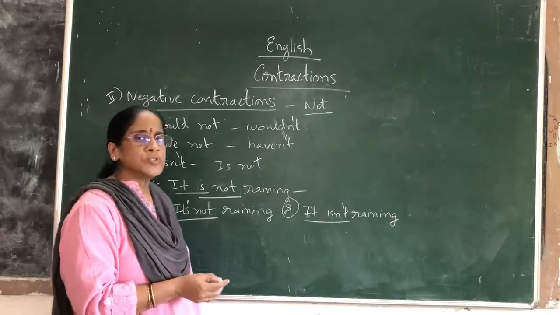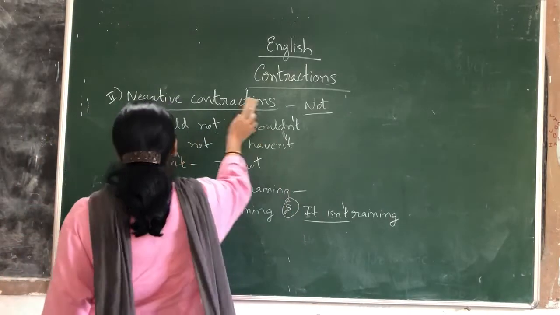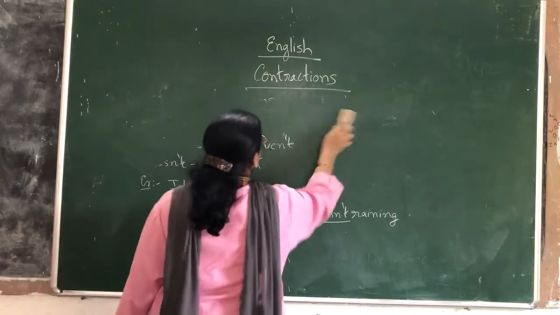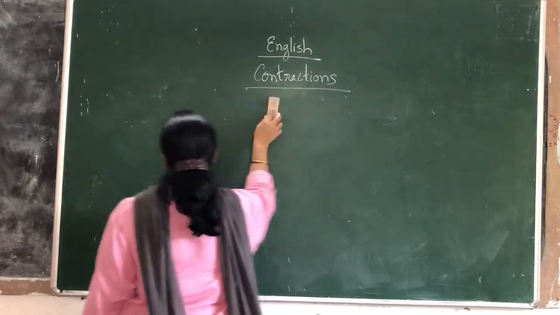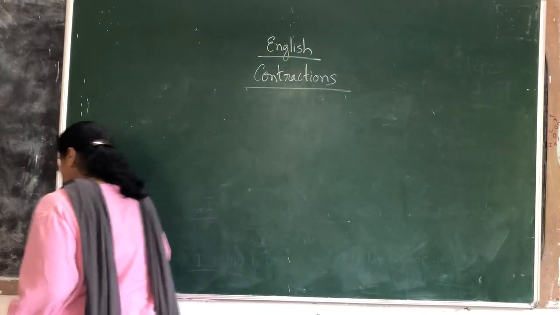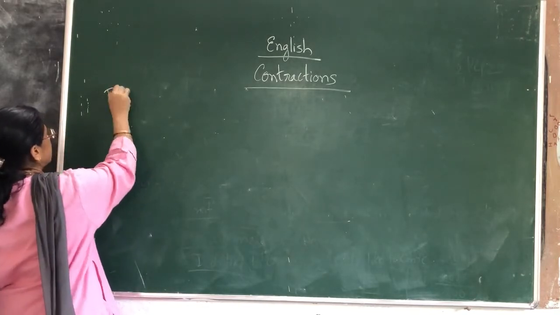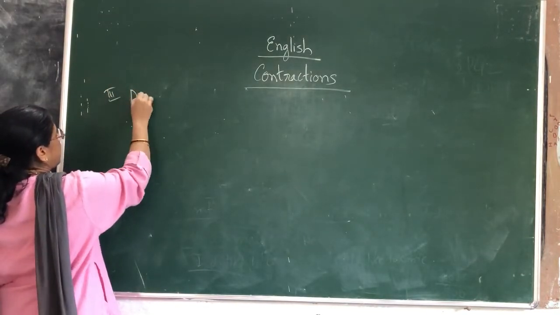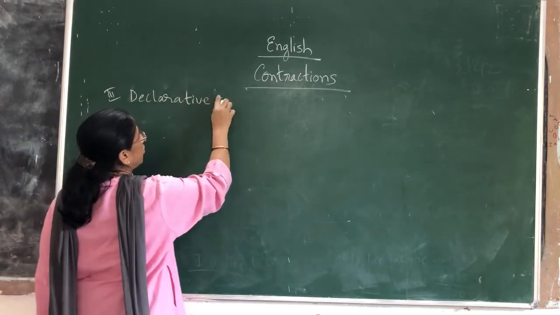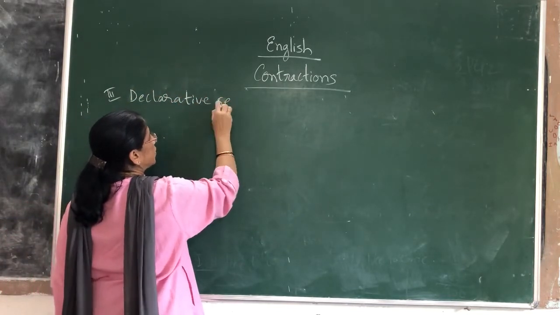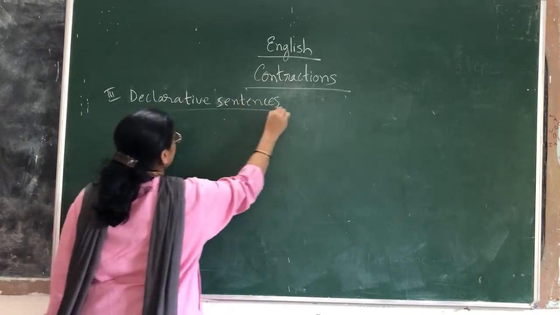Now coming to the next one. What is the next one I told? Sometimes it is used with declarative sentences, to add a question tag. Okay. Just for confirmation we add question tags. We have already learned, ma. So the third one is with declarative sentences. Just like the example I am giving you, how they are used.